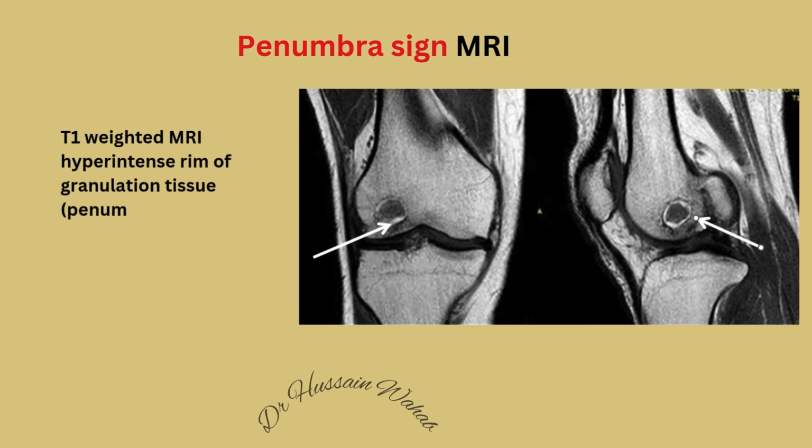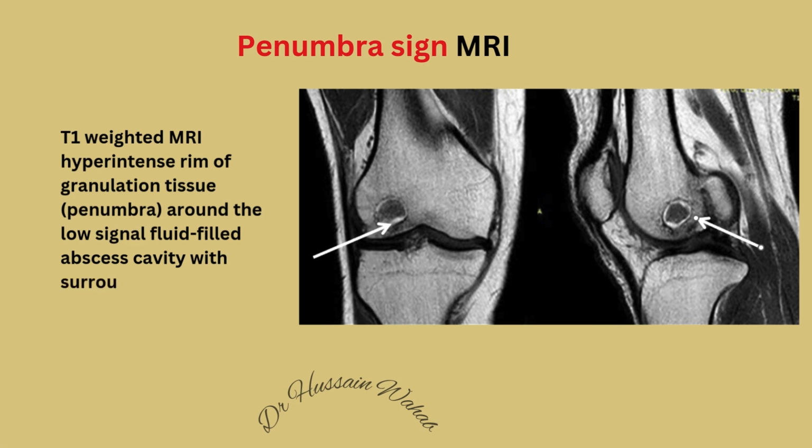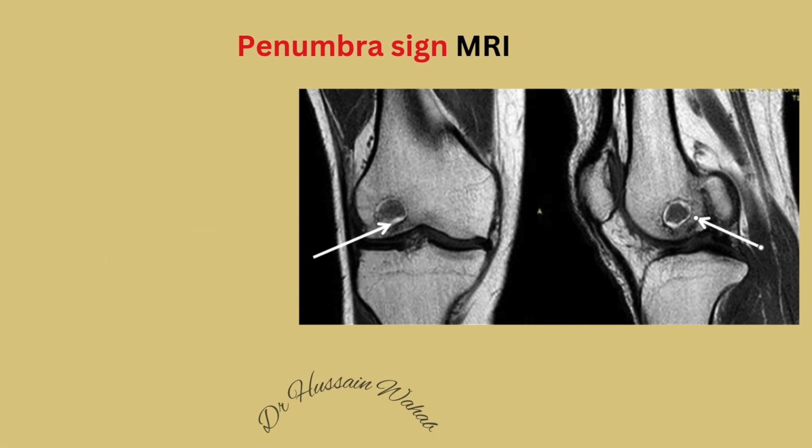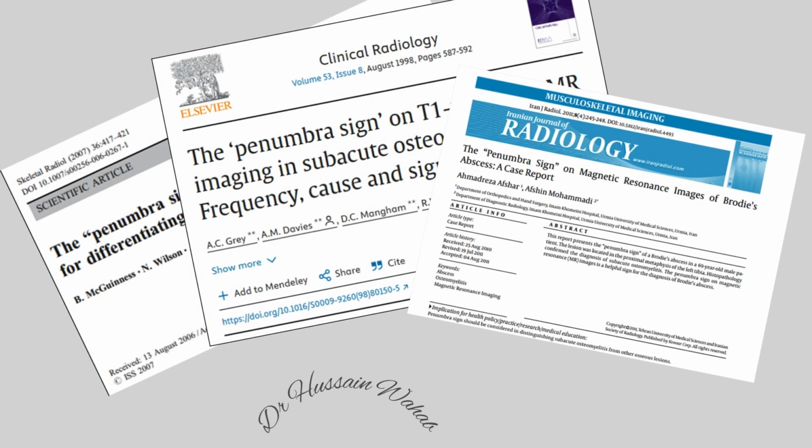Penumbra sign on MRI, as shown in this image. On T1 weighted MRI, there is a hyperintense rim of granulation tissue, the penumbra, around the low signal fluid-filled abscess cavity with surrounding marrow edema of low signal. The penumbra sign is a thin rim of granulation tissue that lines the abscess cavity in cases of subacute osteomyelitis.